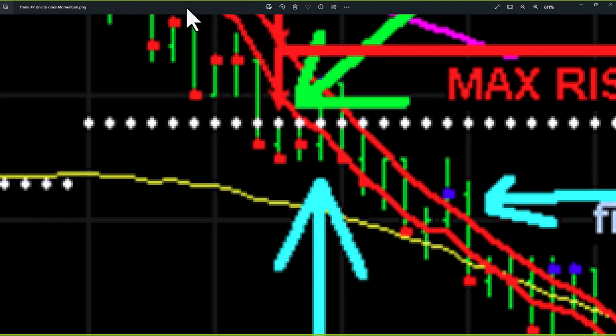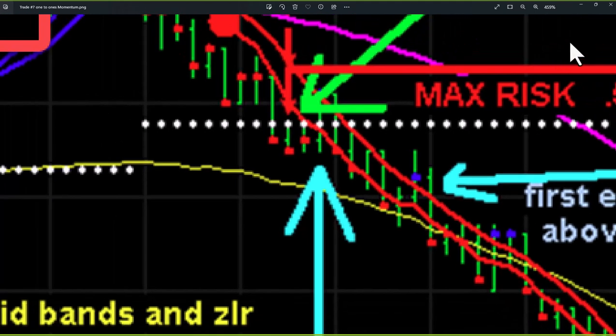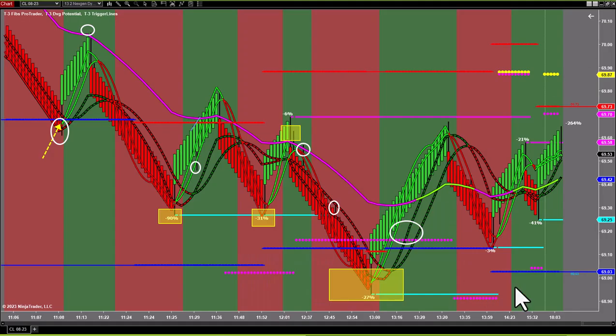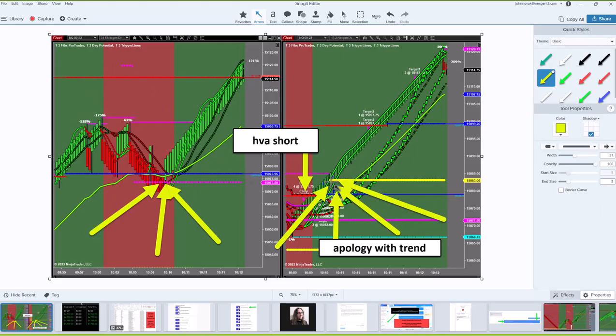But if you had strong triggers and broke your 1-to-1s, that was the momentum trade. And it's funny because today that's the trade I took too. Trade number 7 from 2004. Anyway, the trick to this trade was this bottom. Without this bottom, you can't do this trade. Hopefully that makes sense.